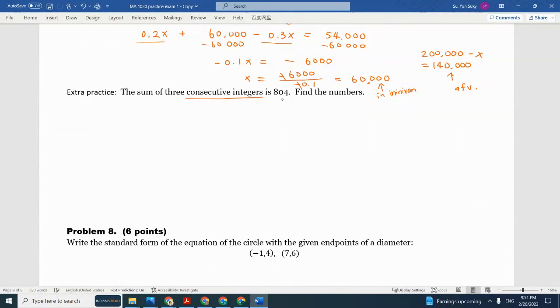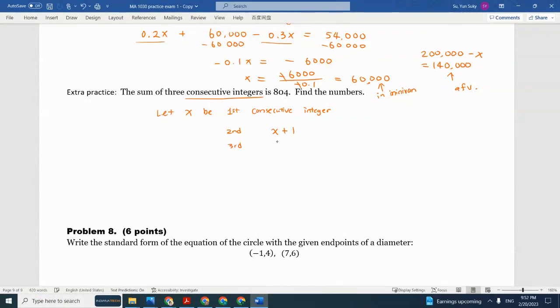The sum is 804. Let's say let x be the first consecutive integer. Then the second one will be x plus 1.